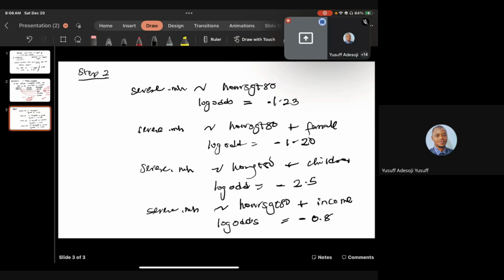Usually the way we make that decision is to look at these log odds and calculate 80%. So we'll look at which model changes this log odds by more than 20%.